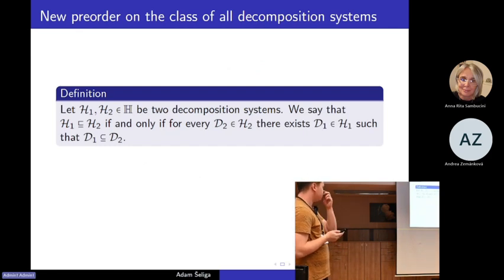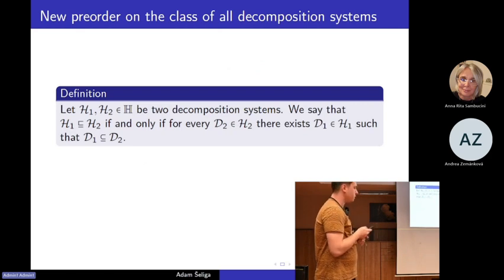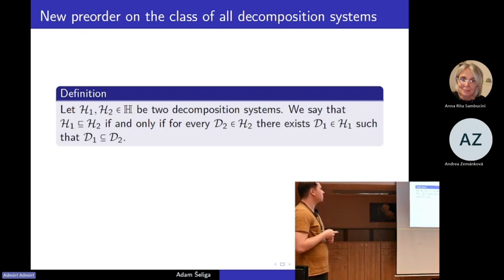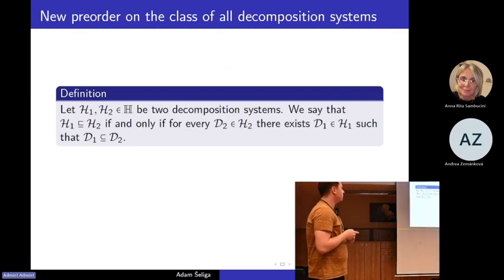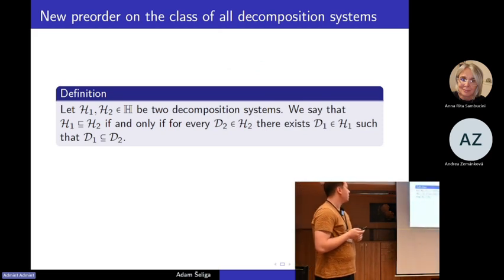We can also introduce a new preorder on the class of decomposition systems. If we take two decomposition systems, we say that the first one is less or equal to the second one if and only if for every collection from the bigger decomposition system, we can find a sub-collection in the smaller decomposition system. This is written here.